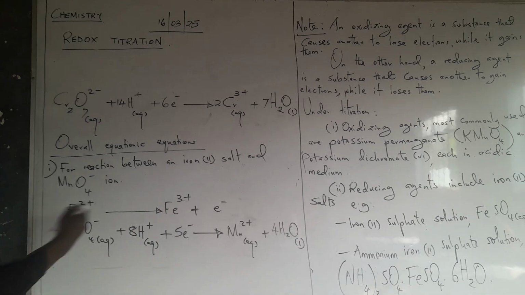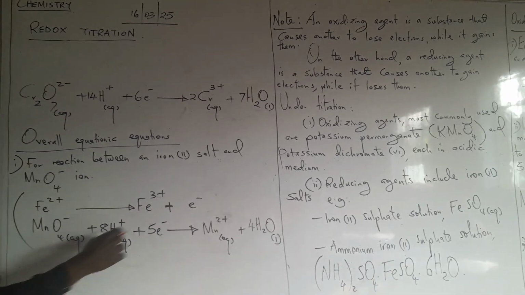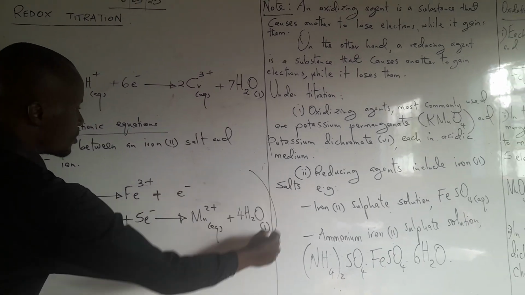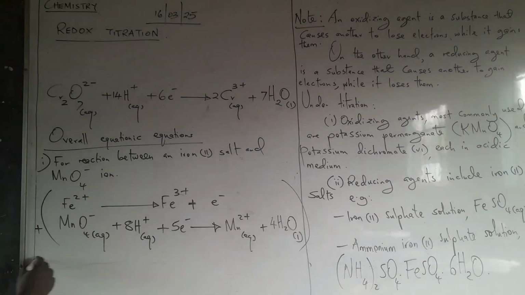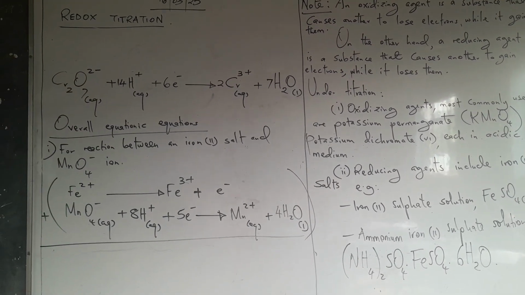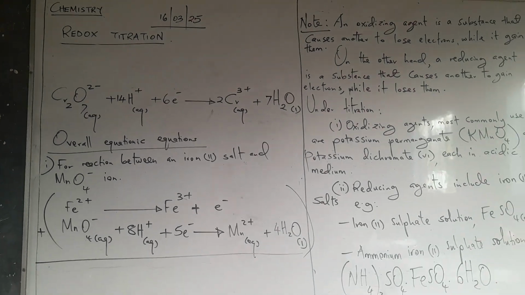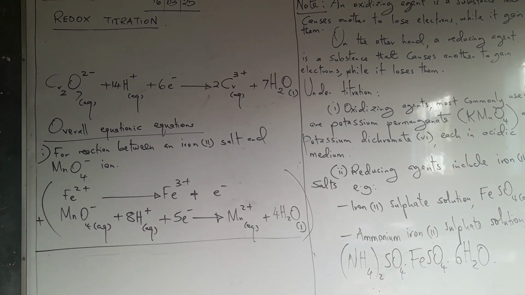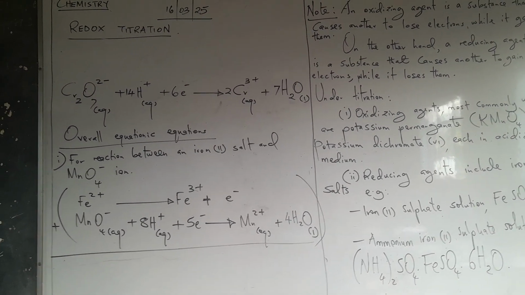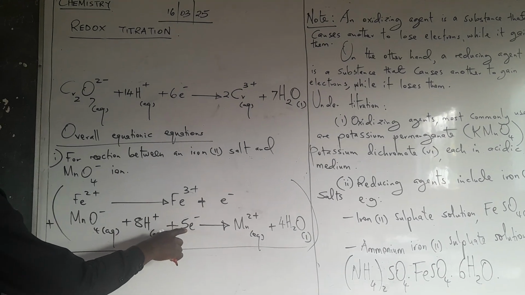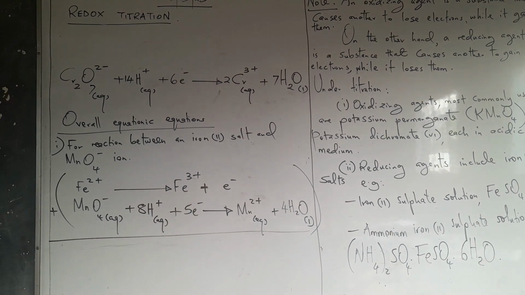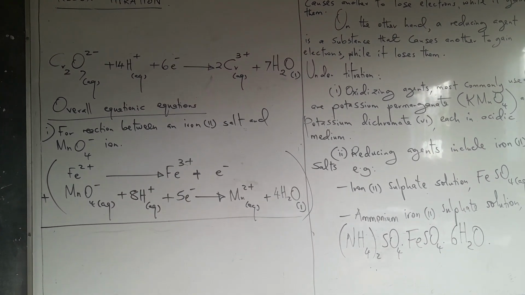So we add these two equations. But we only add if the number of electrons is balanced. The second equation has 5 electrons. The first has only 1 electron. So what are we going to do?